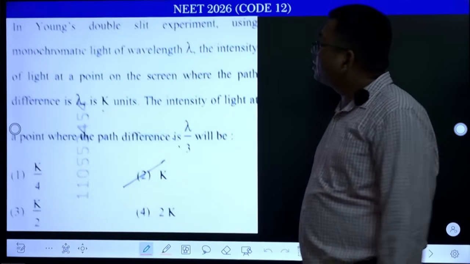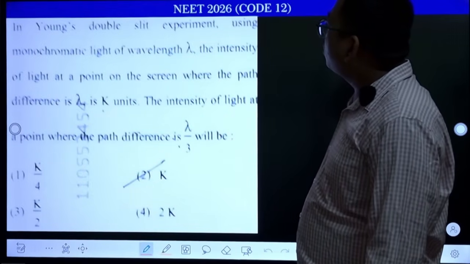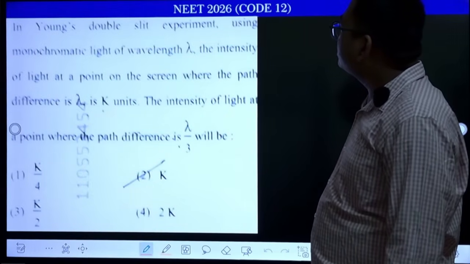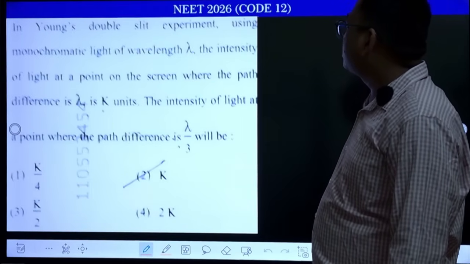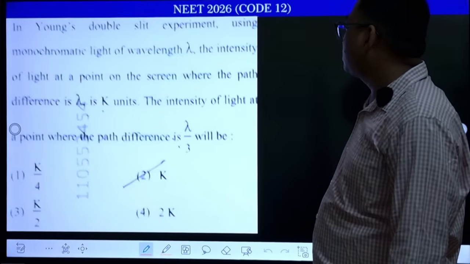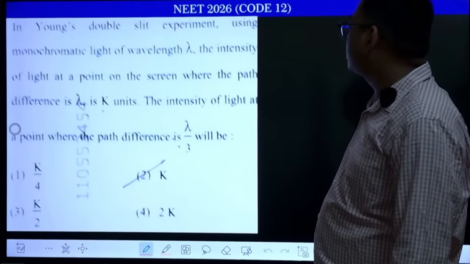In Young's double slit experiment using monochromatic light of wavelength lambda, the intensity on the screen where the path difference is lambda is k units.